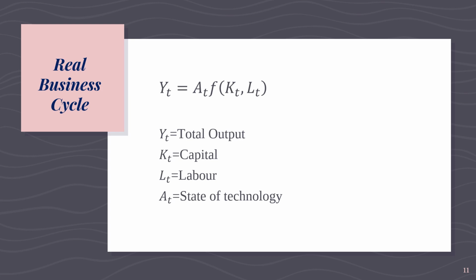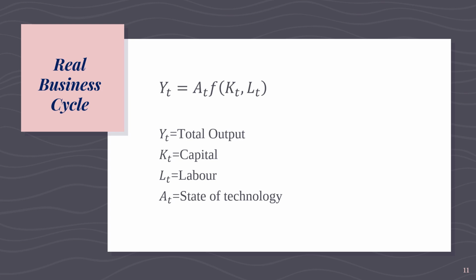The technology shock, also known as supply shock, may be positive or negative. You see, a positive technology shock increases factor productivity and thereby raises the real GDP. On the other hand, a negative technology shock causes a decline in factor productivity and thereby reduces real GDP.